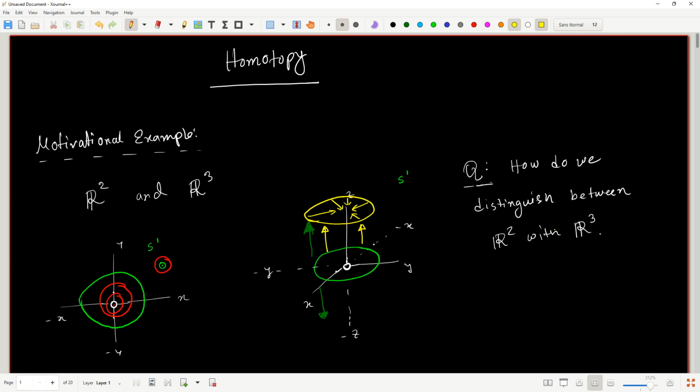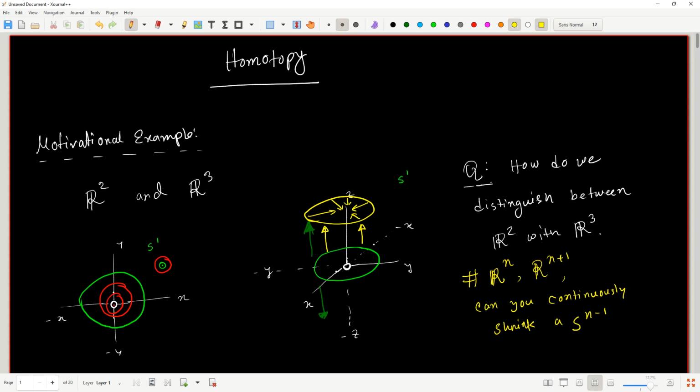So instead of 2 and 3, what you can do in general is that if you want to distinguish between Rn and Rn plus 1, the idea is, can you continuously shrink an Sn minus 1, that is, an n minus 1 sphere? That's how it's pronounced. It means that the surface of the sphere is an n minus 1 dimensional surface.